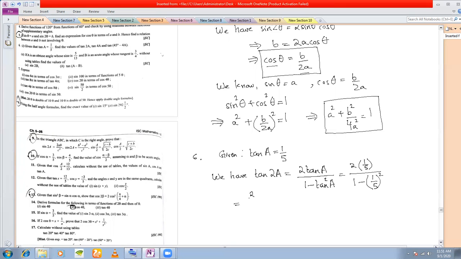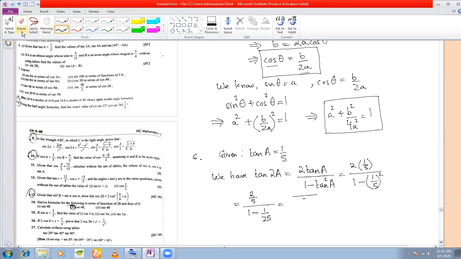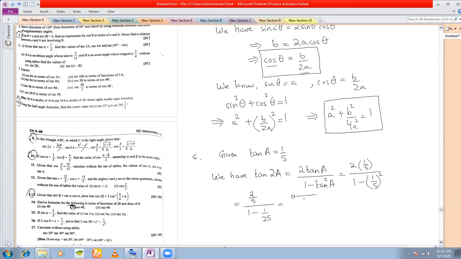Which is 2 by 5 by 1 minus 1 by 25. Take the LCM. In the numerator you already have a single fraction, so you only have to take the LCM in the denominator. 2 by 5.